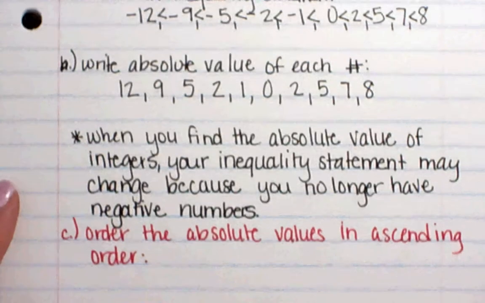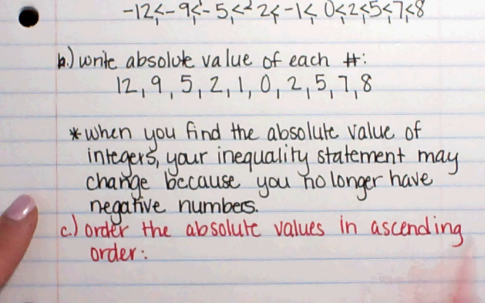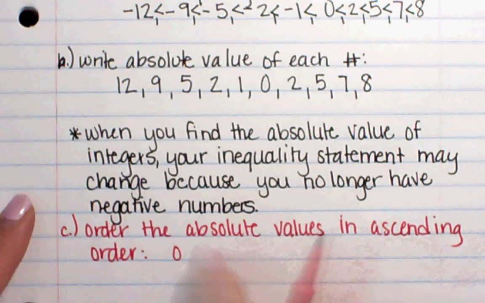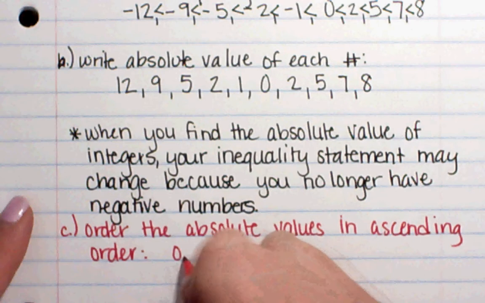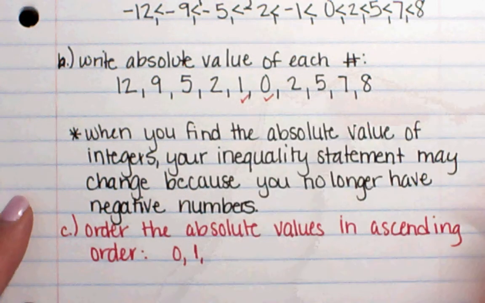In ascending order, that means going from least to greatest. So least would be 0. And it doesn't say to write an inequality statement, so I don't have to do a less than, greater than, or equal to sign. 0, 1, I'm making check marks so I don't forget.